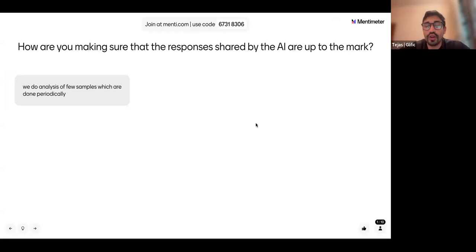How do you at present make sure that the responses shared by AI are up to the mark? Keen to get a few thoughts. Maybe someone who has done video analysis of a few samples periodically. If you'd like to share what kind of analysis, how periodic it is, what you have found out so far, any thoughts you might want to share before we go ahead, just to get a sense of where we are.